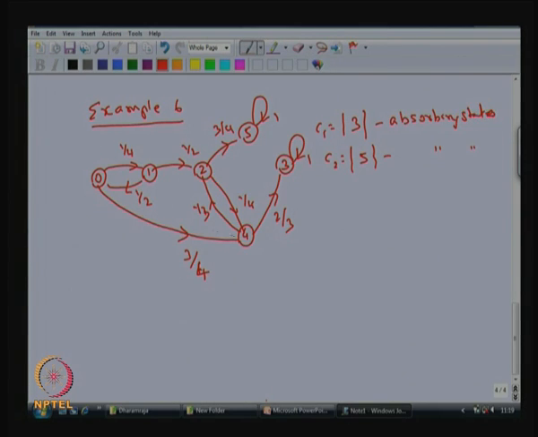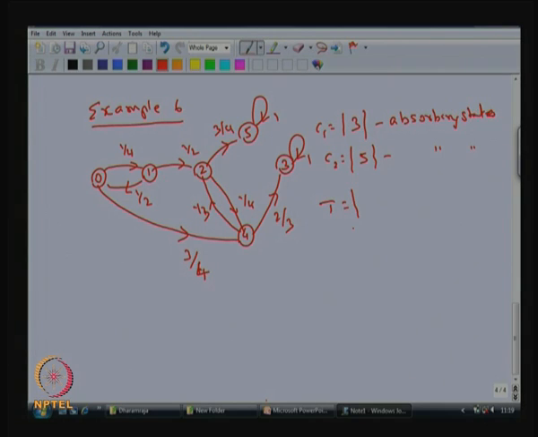If the system starts from other than state 3 or 5, ultimately it comes to state 3 or 5 via this 2 to 5 or 4 to 3, and then it will not be back. Therefore, all these states 0, 1, 2 and 4 will form transient states.